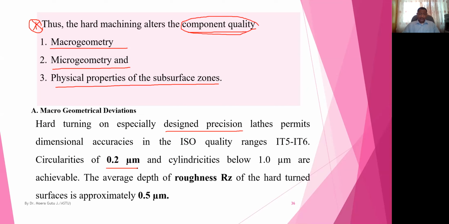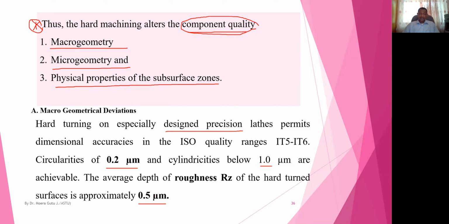Circularities of 0.2 micrometer, this is the microgeometric deviation according to international ISO standards, and cylindricity below 1 micrometer are achievable. The average depth of roughness reached for a hard turned surface is approximately 0.5 micrometer. I said to you, this is the average. In my earlier presentation, we have explained the range where this surface finish can fall for turning, drilling, and milling.